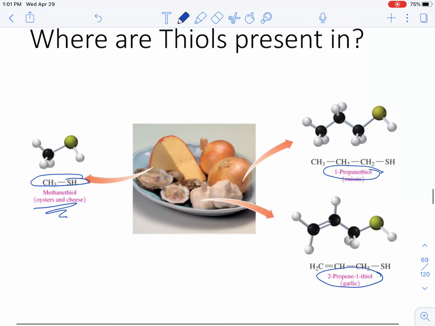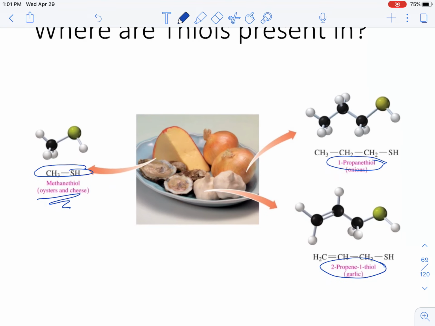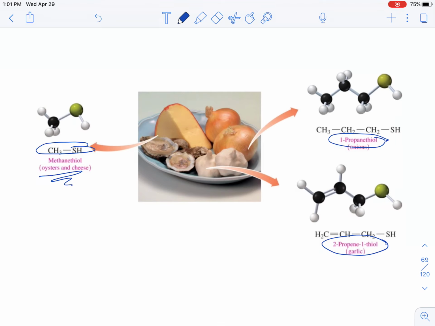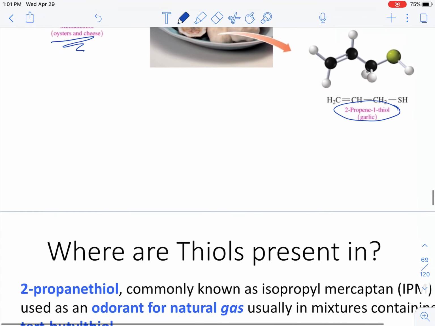We see all of these different types of organic compounds that elicit some type of biological response. When we're smelling these substances, methane thiol, 1-propane thiol, et cetera, it elicits a different biological response that we attribute to onions, cheese, oysters, garlic, and skunks.